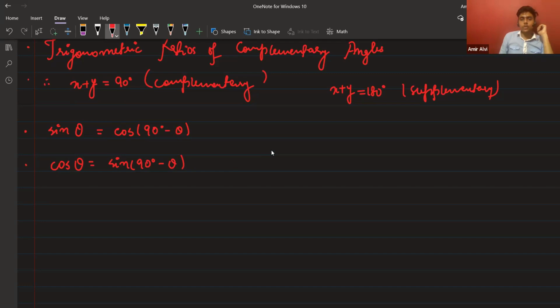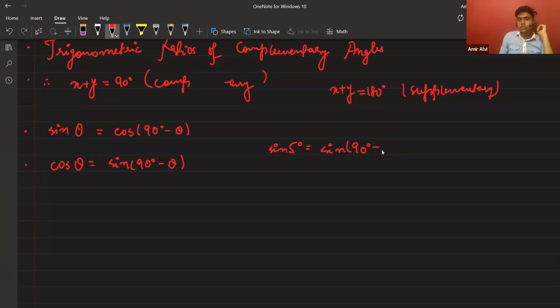Adil, can you write cos 5 in terms of sine? Sorry, my bad. We have to just complement them.